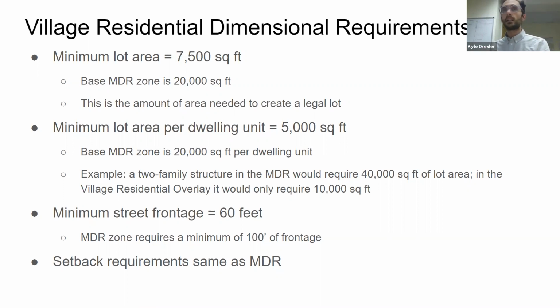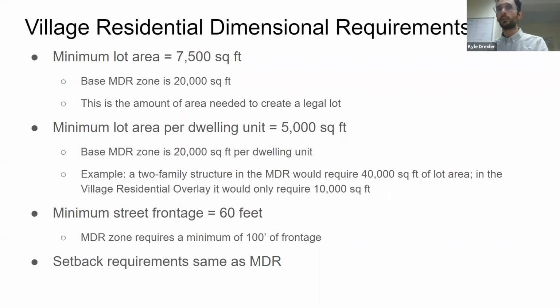There is a proposal through the comprehensive plan, in combination with what we're talking about here tonight, to reduce that minimum lot size in the MDR to 15,000 square feet. But either way, 20 or 15,000 square feet would be the base minimum lot size in the medium density residential district. What the Village Residential proposes is a minimum lot area of 7,500 square feet.